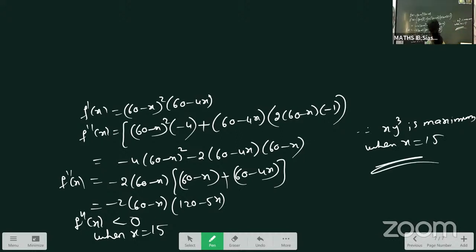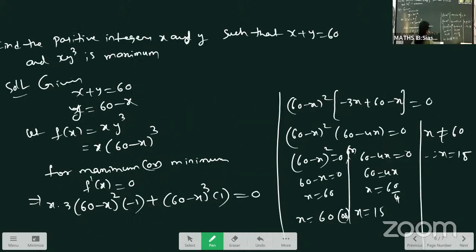So like this, we have to show this. Just go through the question. Equation is given. In that, writing y is equal to 60 minus x, then substituted the y value in the given. So x is equal to 15.